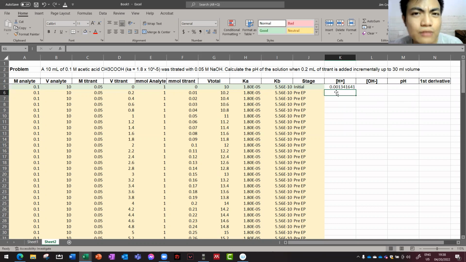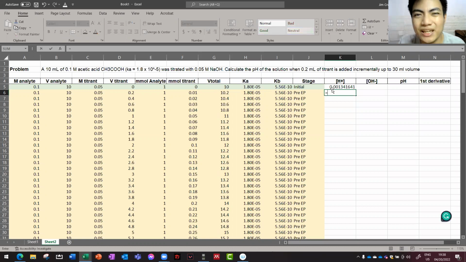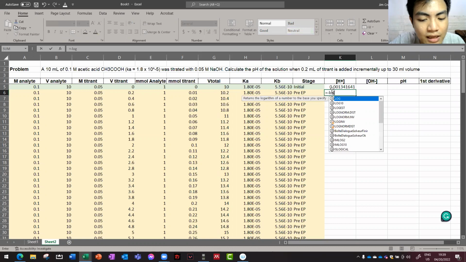At the pre-equivalence point, what's the equation? It's the Henderson-Hasselbalch: pKa plus log of the conjugate base over the acid. Or in other terms, pKa plus log of MTVT over MAVA minus MTVT. Sorry, I'll start with the pKa, which is the negative log of the Ka.